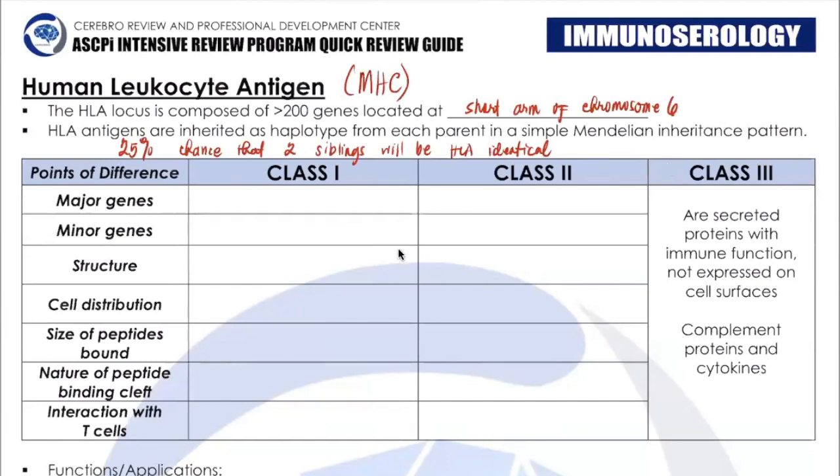Okay? So we have class 1, 2, and 3. Unahin ko muna yung class 3 antigens natin. So yung class 3, they are not expressed on the surface of cells.